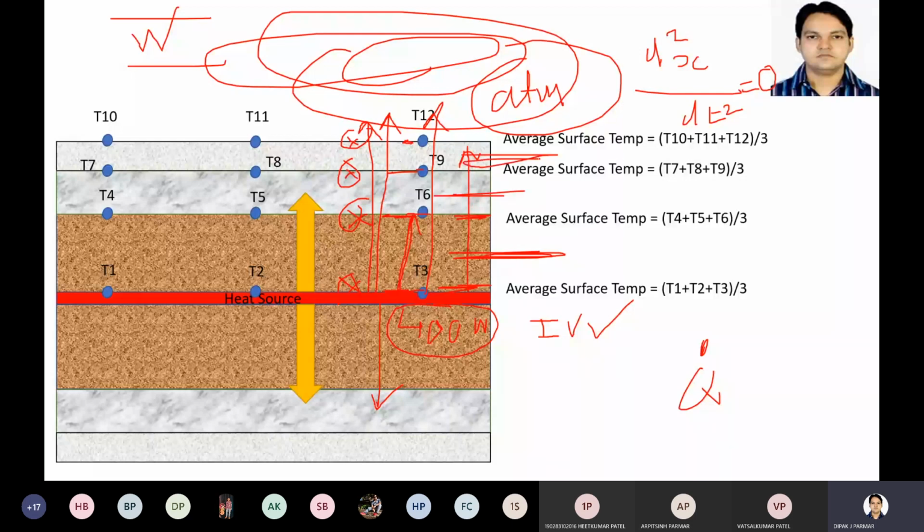Not assuming, it will be constant once your steady state condition is reached, dT by dt becomes 0. Means with respect to time, your temperature is not changing. That is called steady state condition. So once steady state is achieved, your Q1 will be equal to Q2 will be equal to Q3.